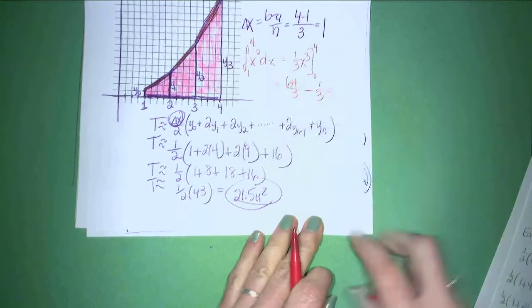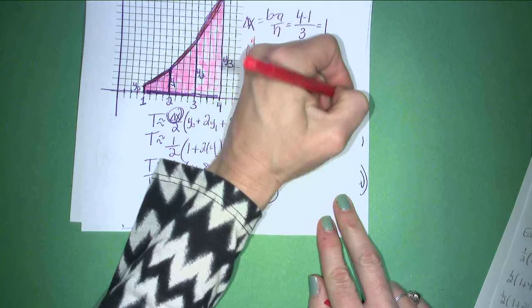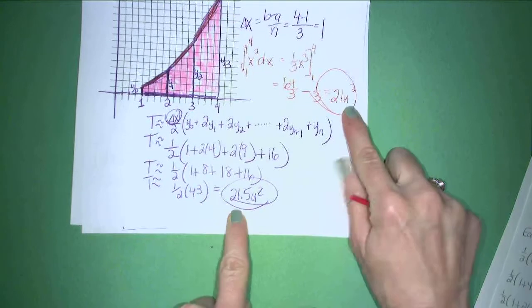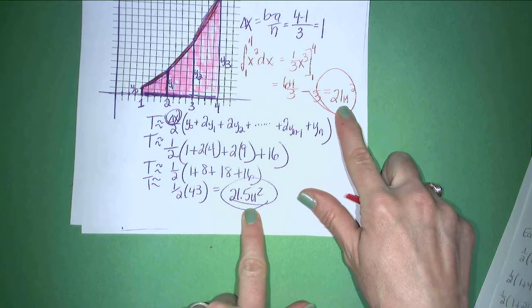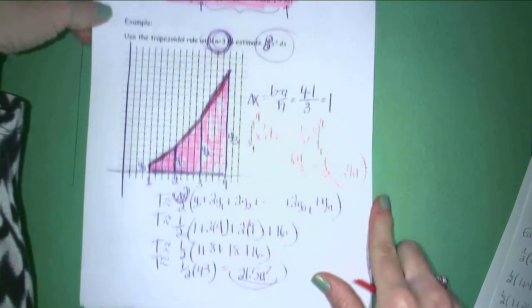That's 63/3, which is 21. So look at how close I am. 21 units squared versus 21.5 units squared. I'd say that's a pretty good approximation by the trapezoidal rule. So there you have it.